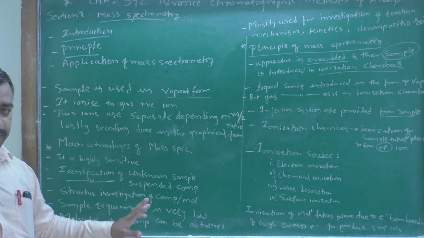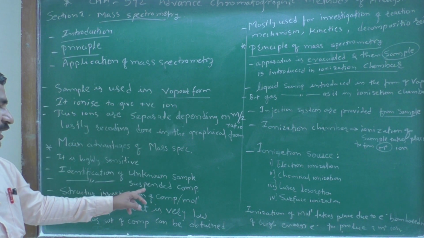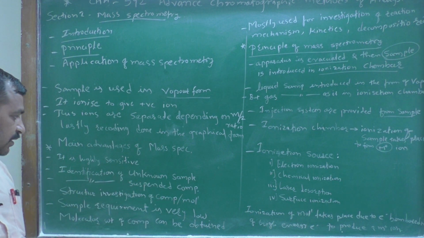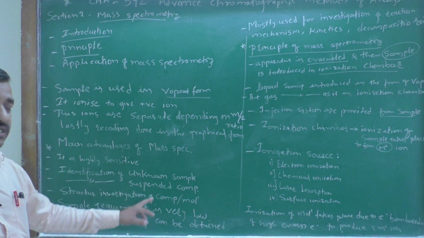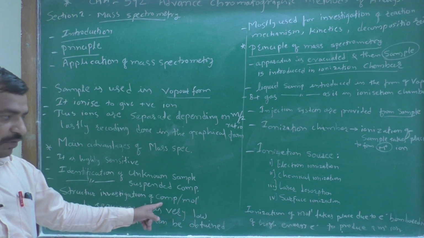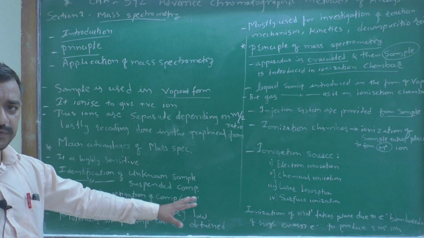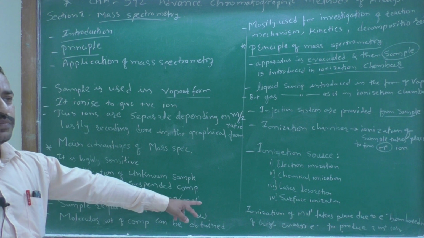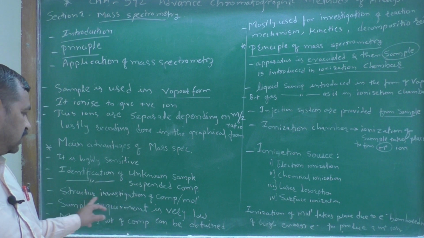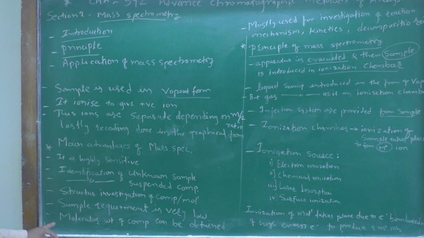It is used for identification of an unknown sample, identification of a suspected compound, and structure investigation of compounds and molecules. Suppose a compound contains different types of fragments, such as protein, lipid, or organic molecules; we use mass spectrometry to investigate these structures.